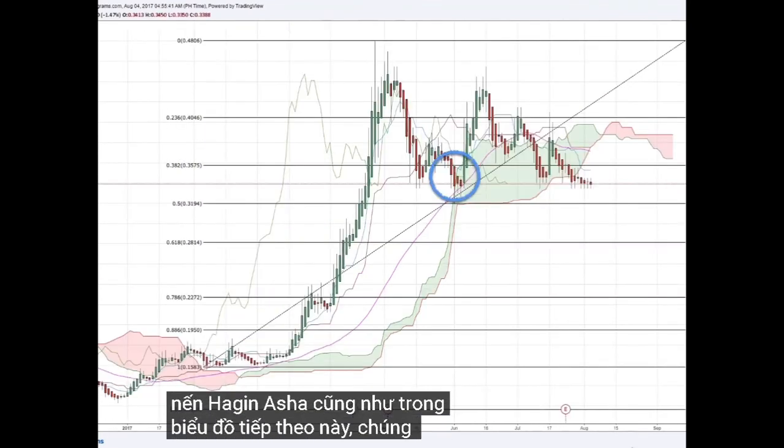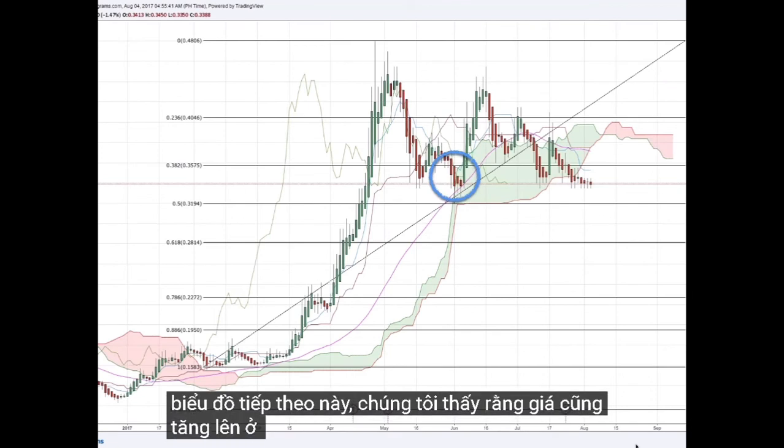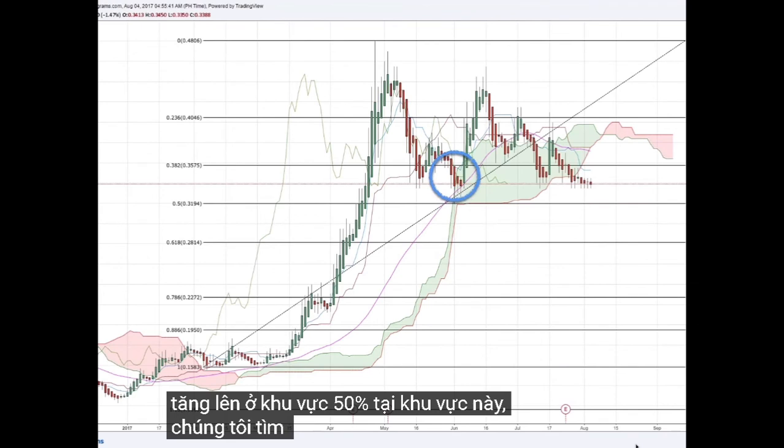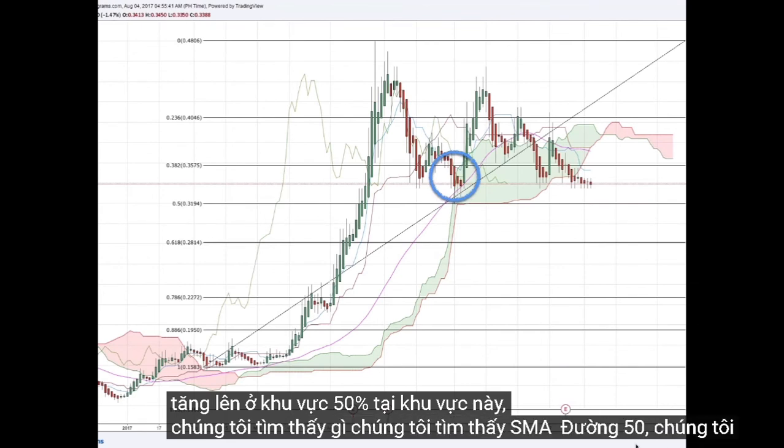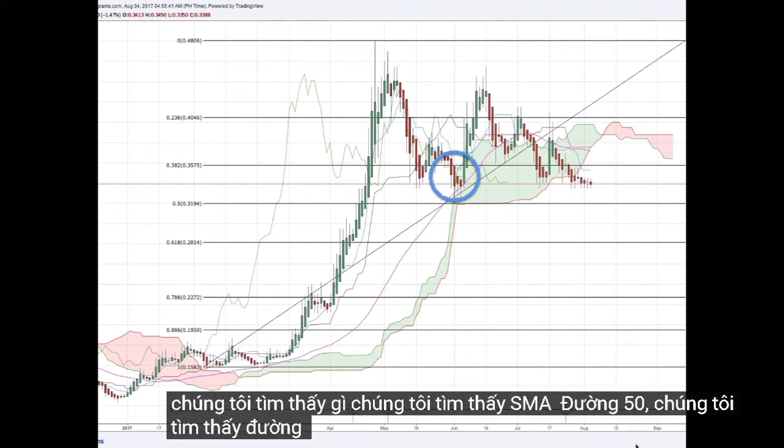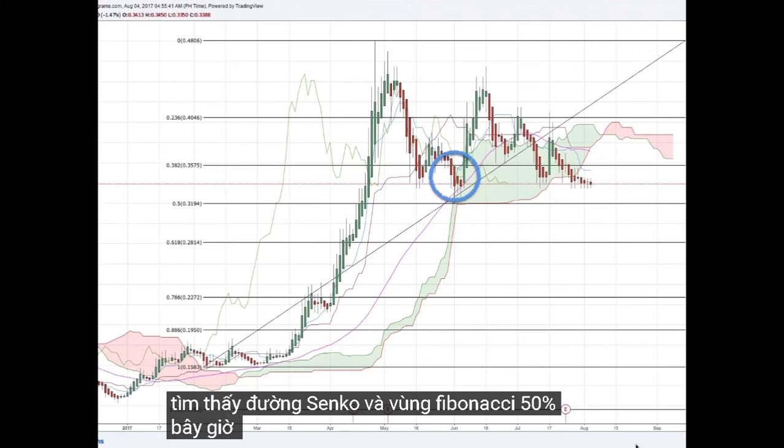In this next chart, we see that price also bounced at the 50% area. At this area, what do we find? We find the SMA 50 line, we find the Senkou A line, and the 50% Fibonacci area.